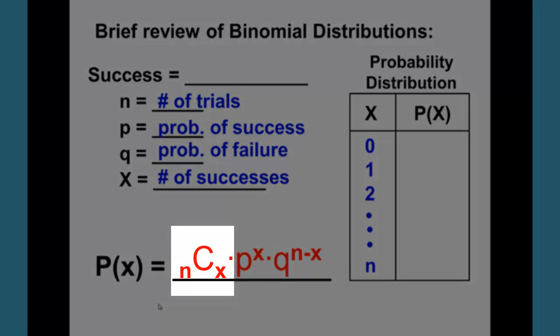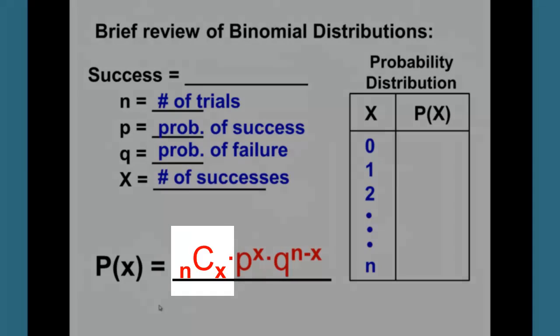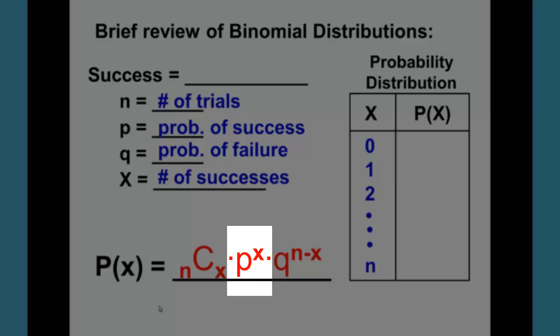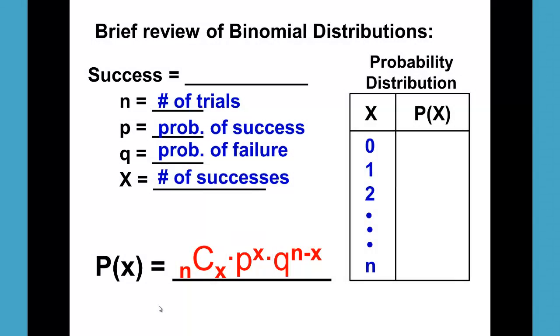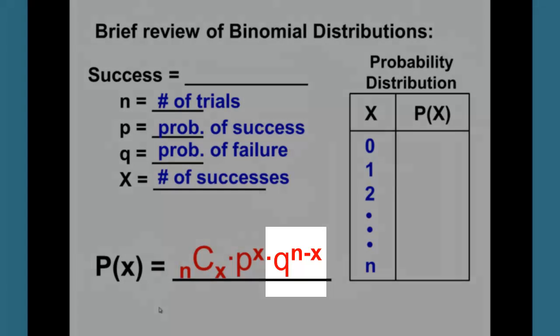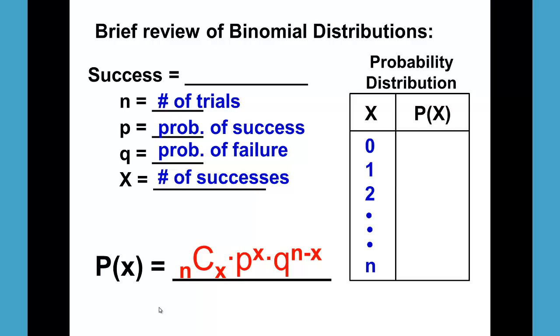NCX is the count or the number of ways that we have it, N being the total, X being the number of successes we're looking for at that point, times P to the X, the probability of successes raised to the number of successes, times Q, and remember some teachers will use the 1 minus P instead of Q, but Q is your probability of failure raised to the N minus X, and the N minus X is just a way of saying the number of failures.